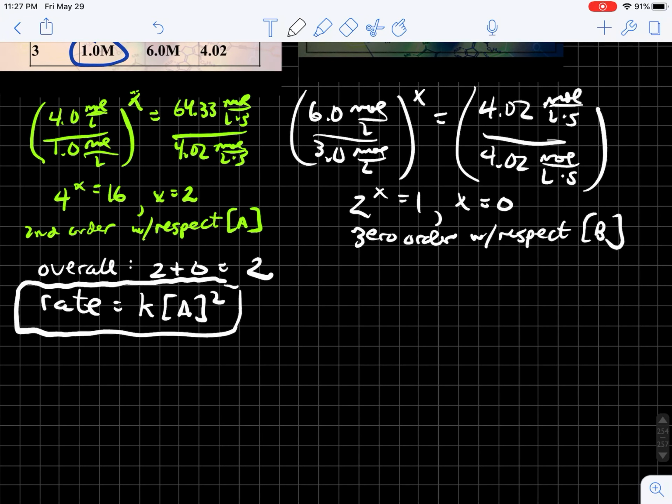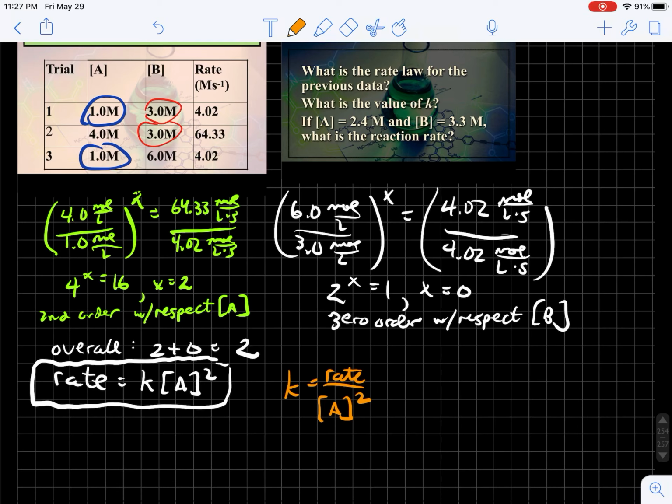So let's solve to get our rate constant. K is equal to rate over A squared. Now I can choose the data from any of these trials. I like that the concentration of A is 1 molar, so I'm going to choose trial number 1 for my data. So the rate is 4.02 moles per liter seconds, and we're going to put that over 1.0 moles per liter.